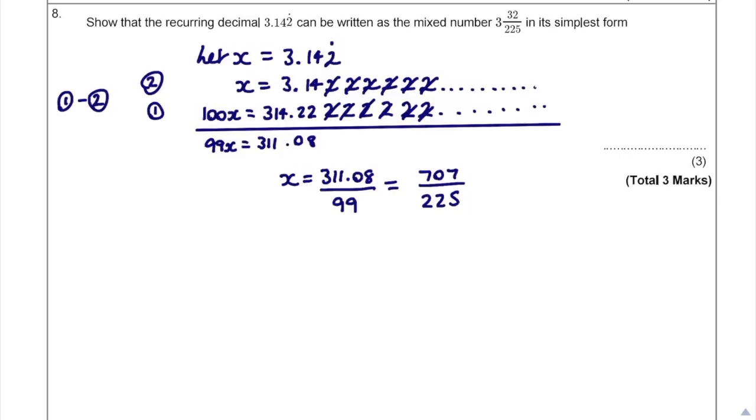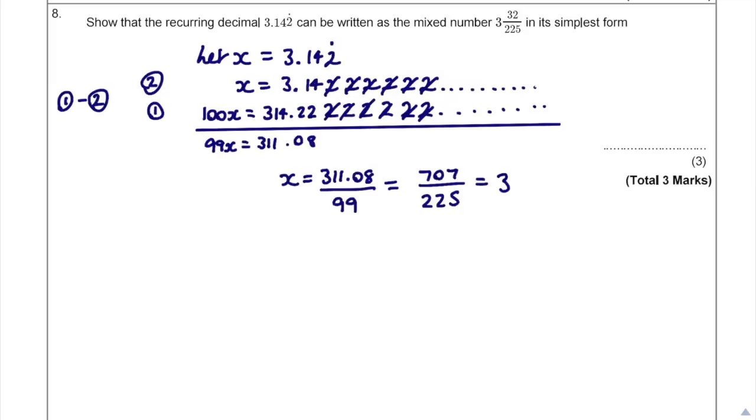So now we need to write this as a mixed number. So we need to work out how many times does 225 go into 707. Well, by looking at this mixed number here, 225 should go into 707 3 times. So if you do 225 times 3, you get 675. So we can say it goes in 3 times. Now we need to work out what the remainder is out of 225.